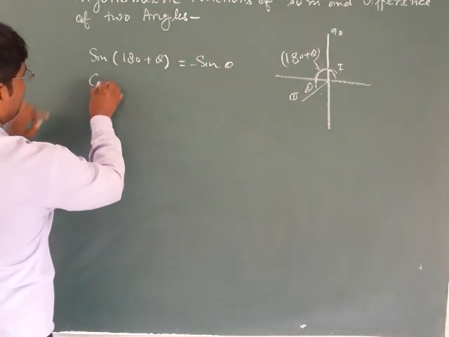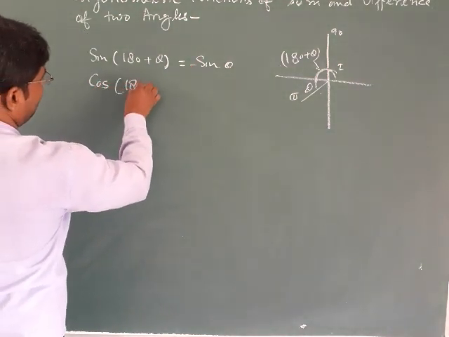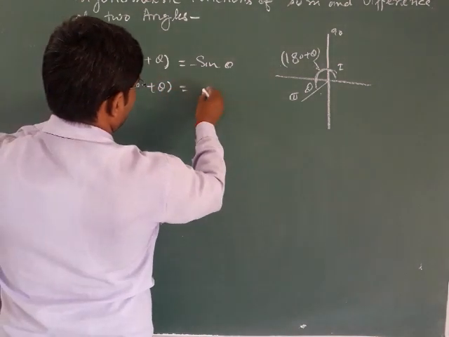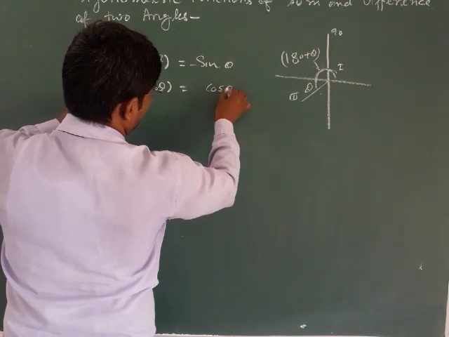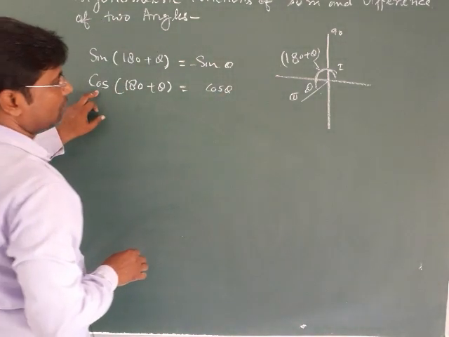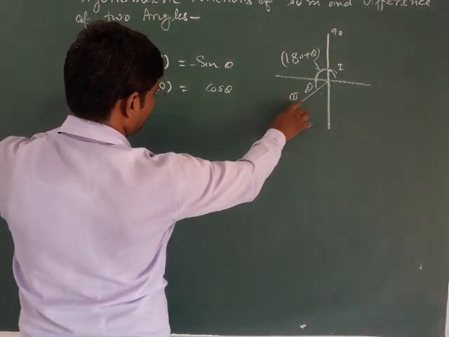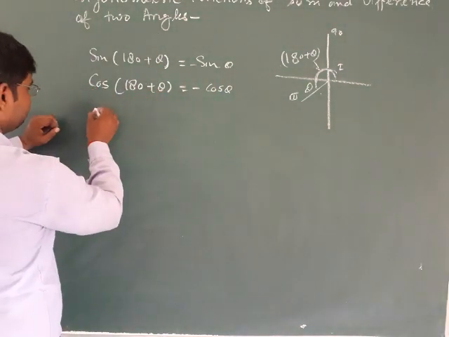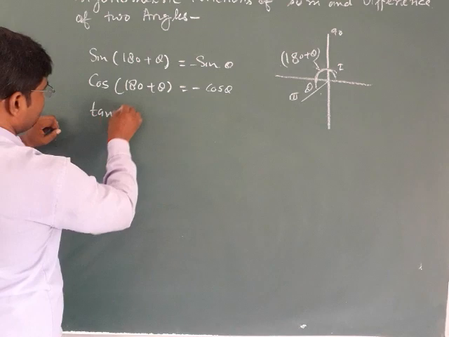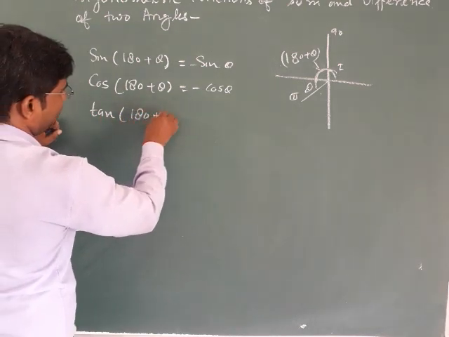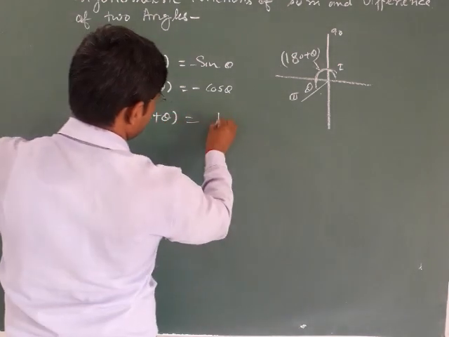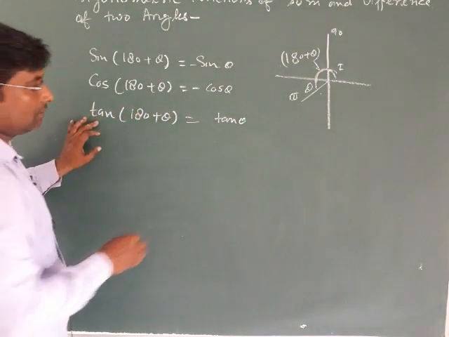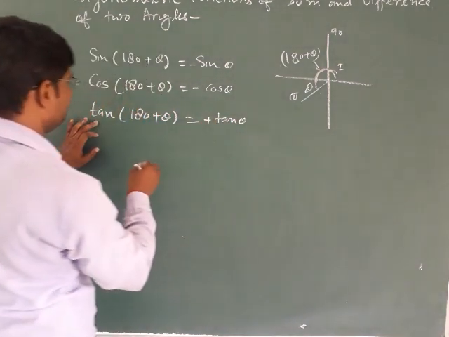And cos of 180 plus theta is cos theta, and the value of cos lies in the third quadrant, so the value will be negative. And tan of 180 plus theta is tan theta, which lies in the third quadrant, so the tan value is positive.